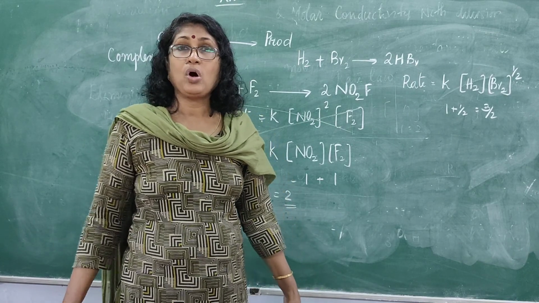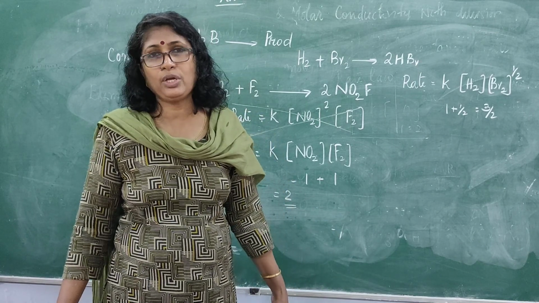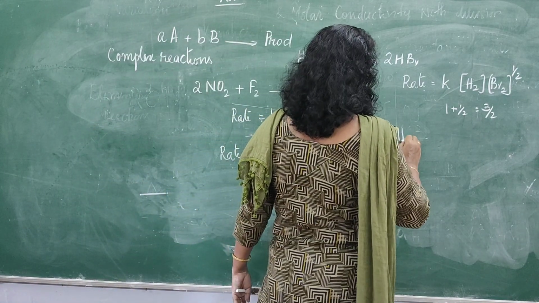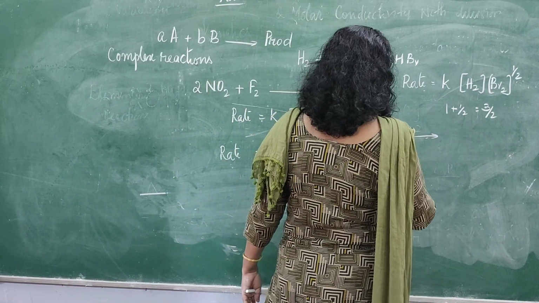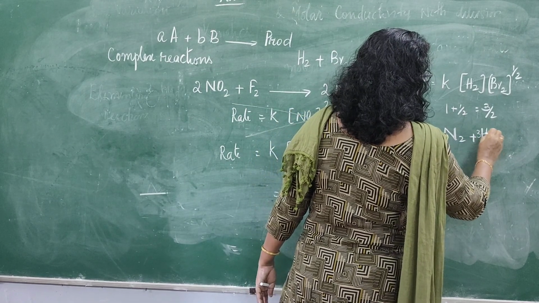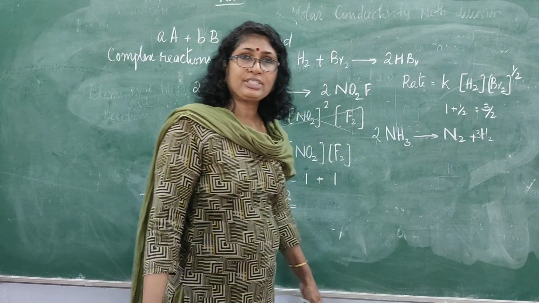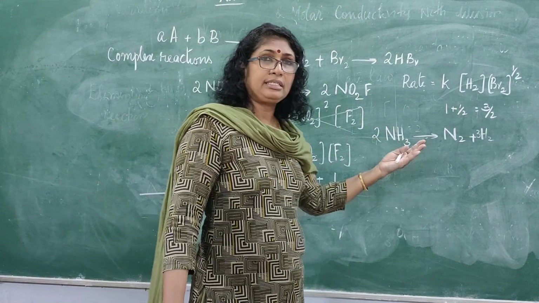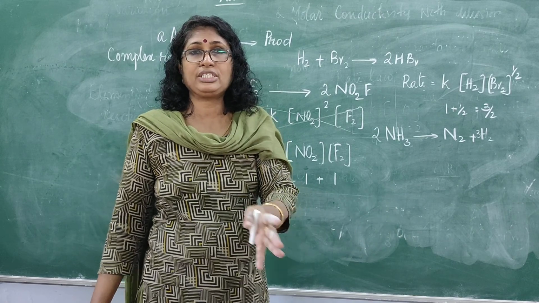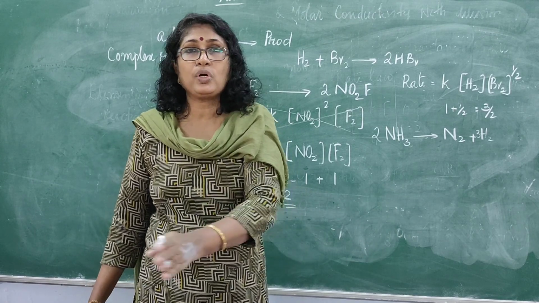Now, order can even be equal to 0. Take the dissociation of ammonia on the surface of platinum: NH3 dissociates to give N2 plus 3H2. For this reaction, usually the rate decreases as time goes on and the concentration of the reactant decreases.